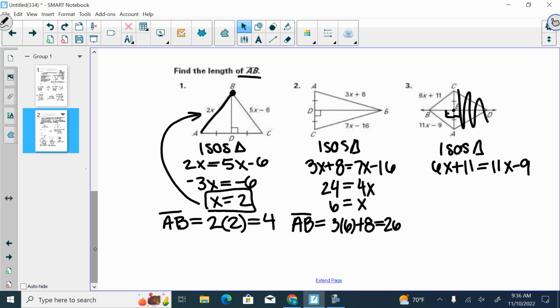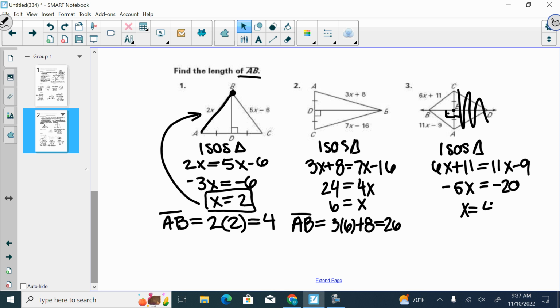All right, so what am I doing first? Good. After we subtract 11x, then we would need to subtract. And what is negative 9 minus 11? Very good. So we end up with x is equal to 4.